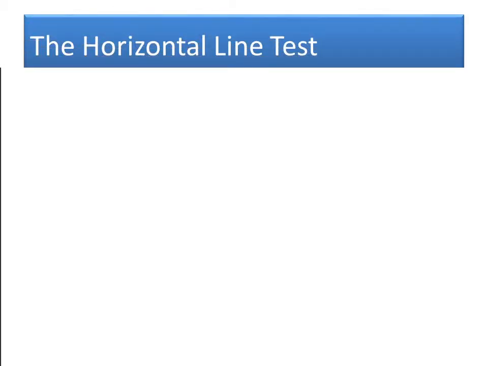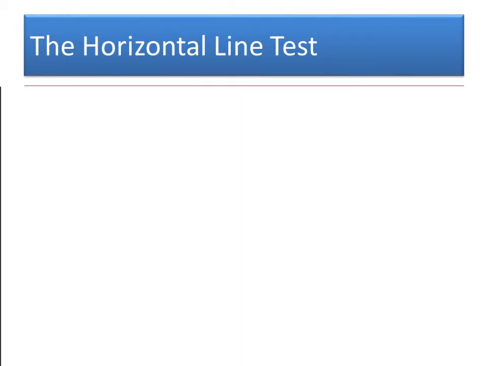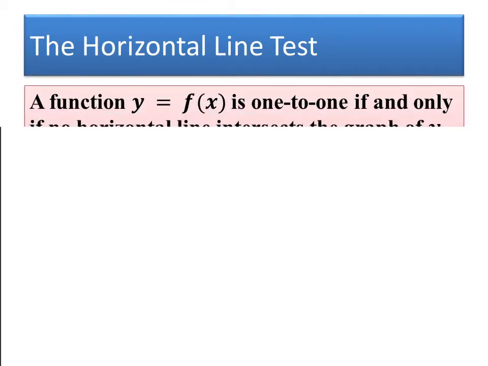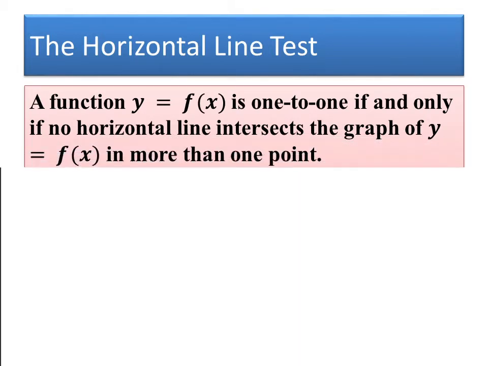Now we present the horizontal line test. This test helps us to know if the graph of a given function represents a one-to-one function or not. So, a function y equals f of x is one-to-one if and only if no horizontal line intersects the graph of this function in more than one point.